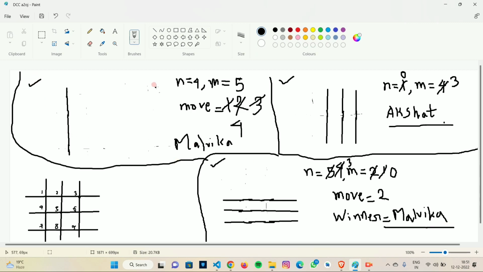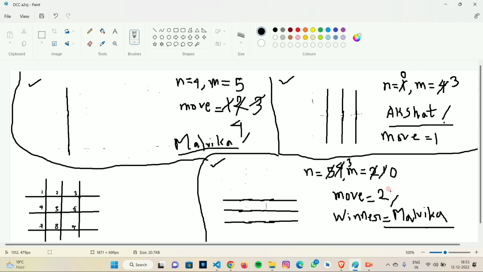And in this example, n was 4 and m was 5. And after 4 moves, Malvika had won. So by now, you must have observed that if the number of moves is even, then the winner is always Malvika. And in the first example, the number of moves was 1, that is odd. So the winner is Akshat.